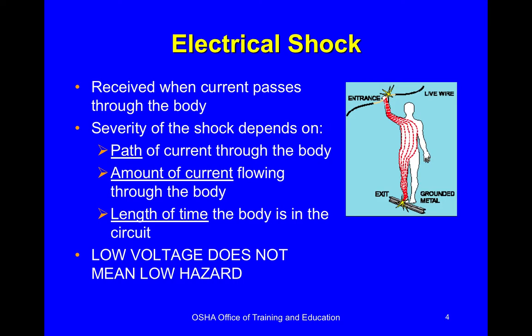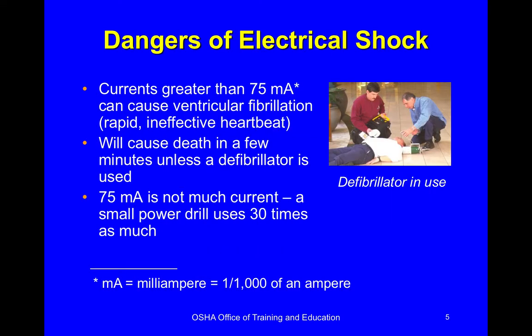And just because something is low voltage, it doesn't mean that the hazard is not there. When you have a current of at least 1/10 of an amp, it is possible to cause death. It's going to cause ventricular fibrillation. It basically gives you a rapid or ineffective heartbeat.